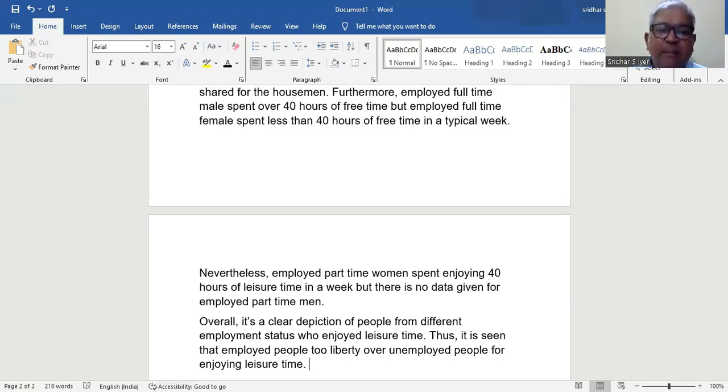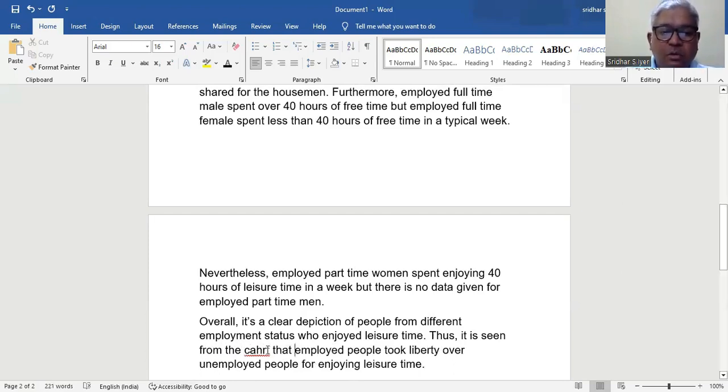Thus it is seen from the chart that employed people took liberty over unemployed people for enjoying leisure time. So that's why I do proofreading at the end.